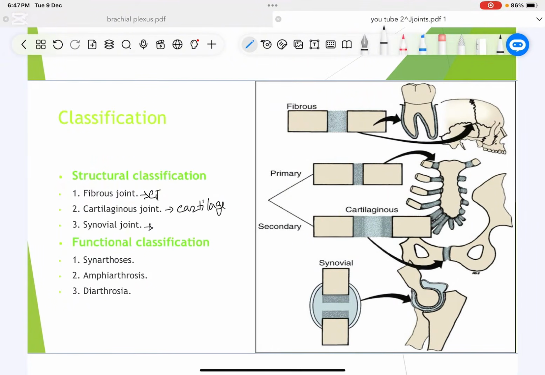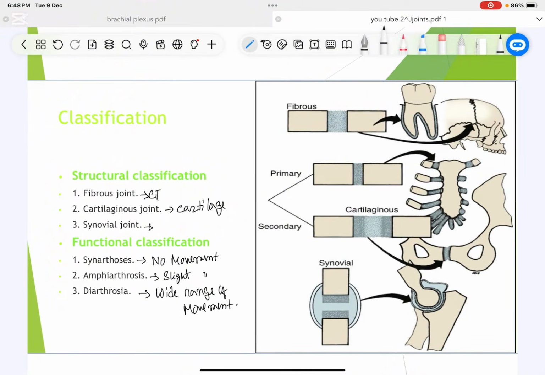Another classification is functional classification. Here we are emphasizing the second portion of our joint definition. In functional classification, we have synarthrosis, meaning there is no movement, then amphiarthrosis, with slight movement, and diarthrosis, where a wide range of movement in different axes is possible.